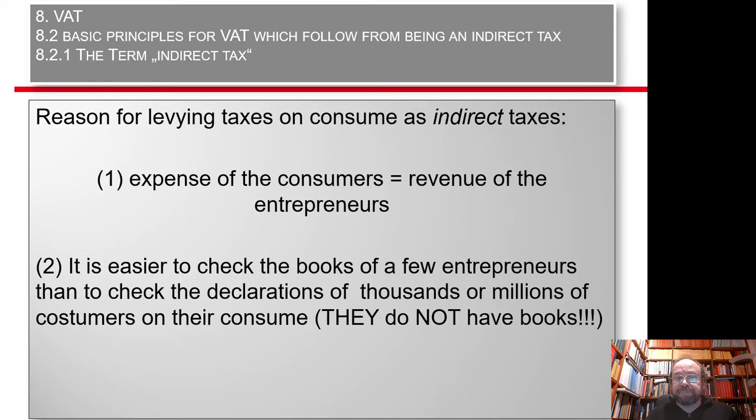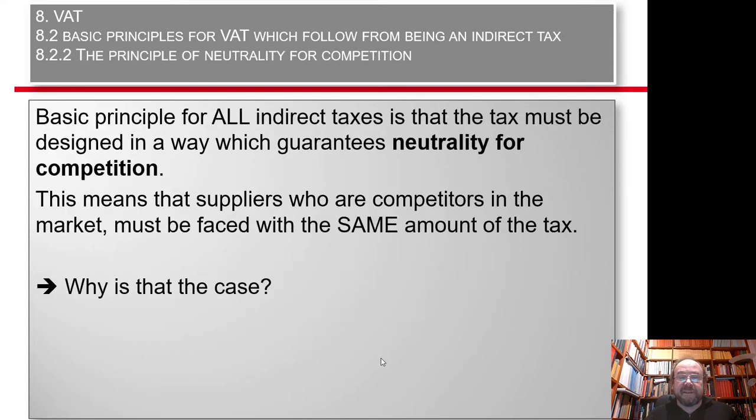So that makes it easier to focus on taxing the revenue. That makes it far easier to check what's happening because the entrepreneurs have a bookkeeping. You can check it. You have far less tax declarations to deal with than if you deal with all the consumers. And so that's the reason why taxes are designed as indirect taxes.